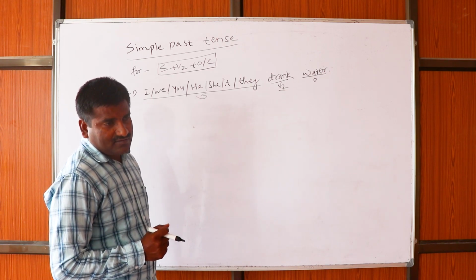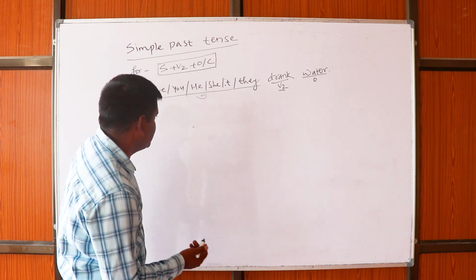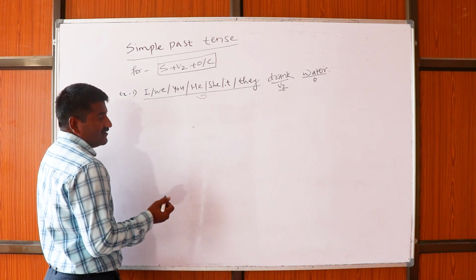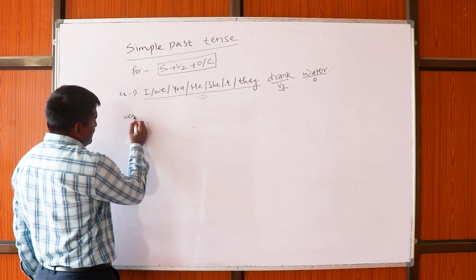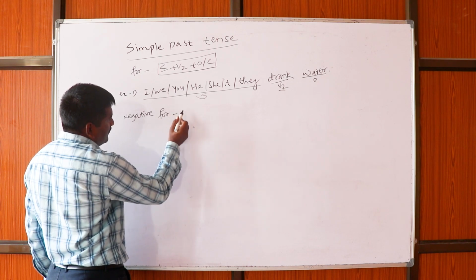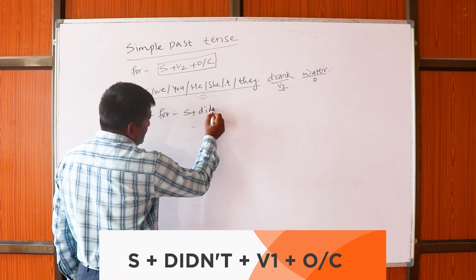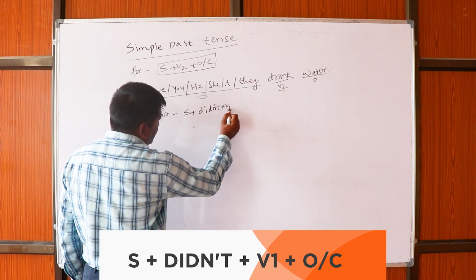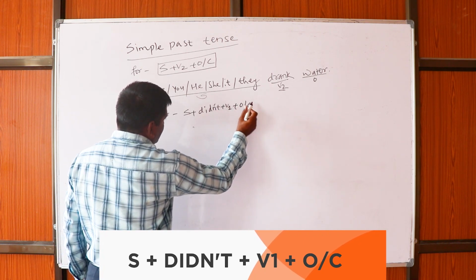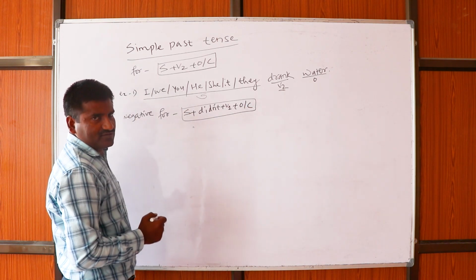Okay. Still, we have different forms of simple past. What is it? The negative formula of simple past. That is S plus didn't plus V1 plus OC. This is the negative form of simple past.